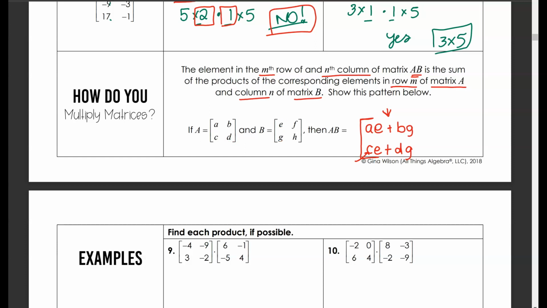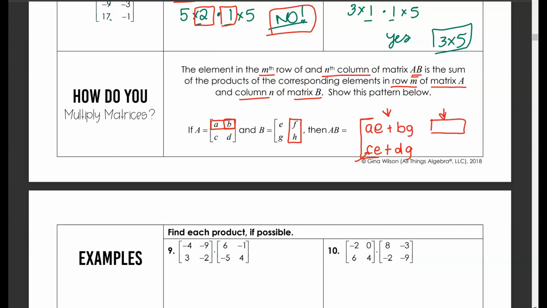Okay, now let's take a look at the top element in the second column. How do you think that we get this column right here? What are your thoughts? All right, so what we're going to do is take this entire row, and now multiply it by this column.